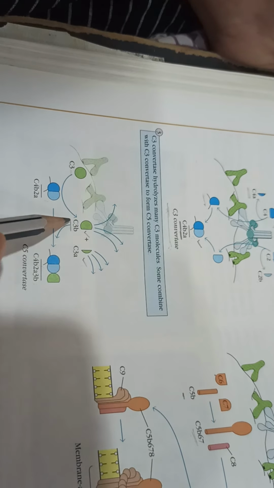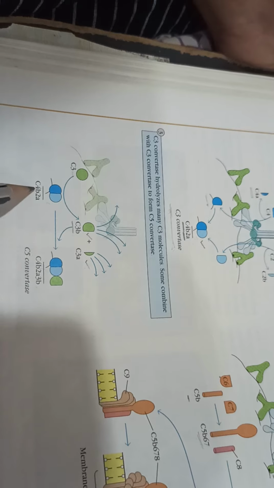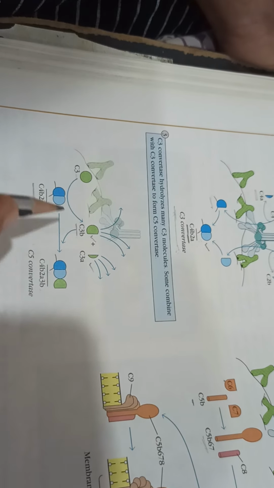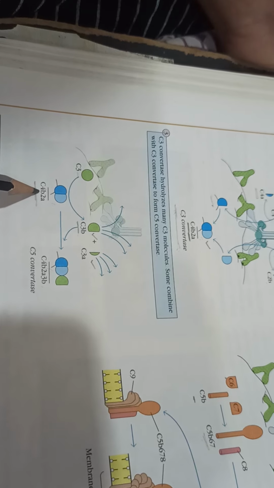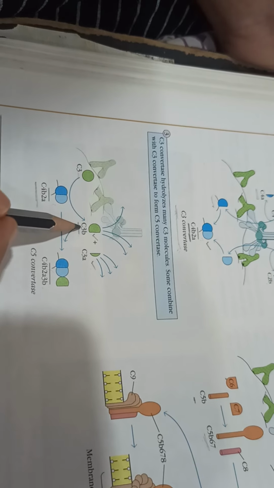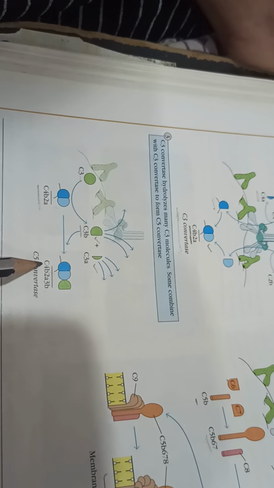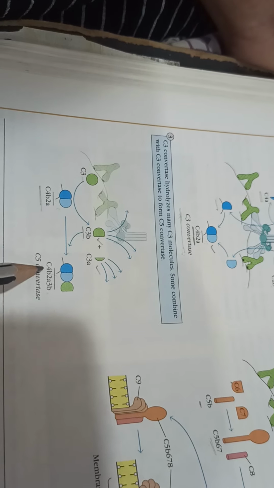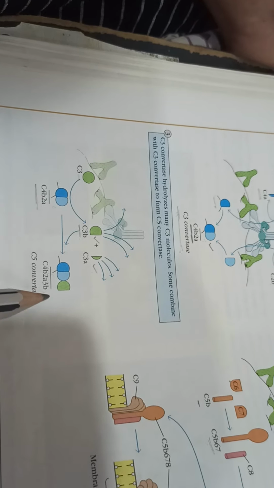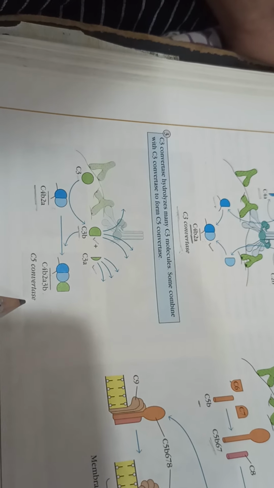Again, the larger fragment C3B is going to join our C3 convertase. C3 convertase we know already, it is C4B2A. Now C3b also joins here. Now this whole thing has become C4B2A3b. Now these whole components are referred to as C5 convertase.